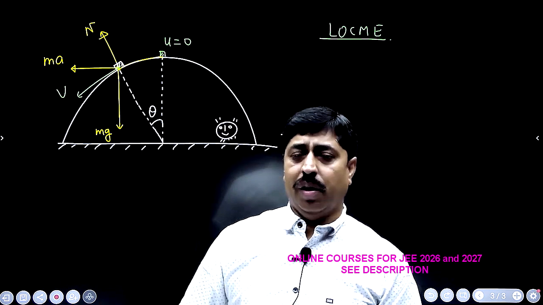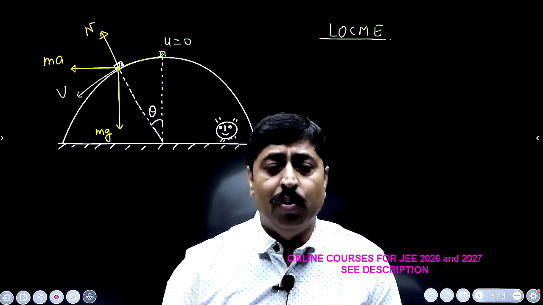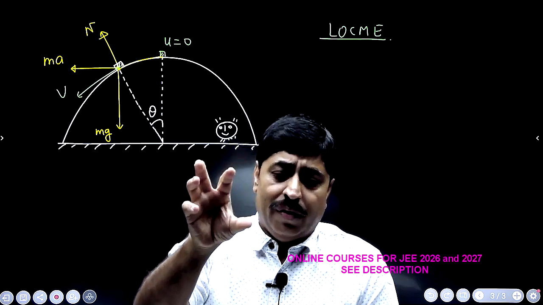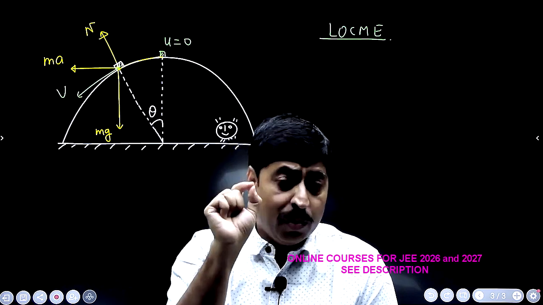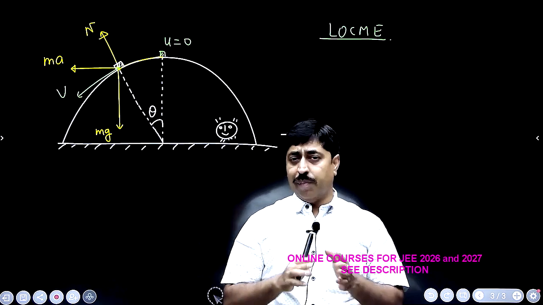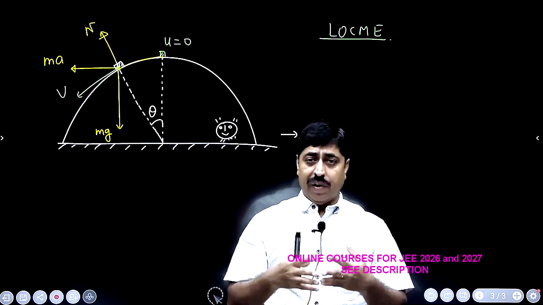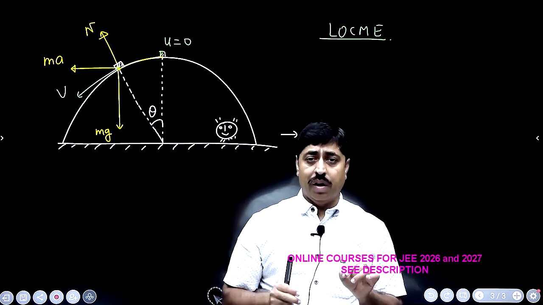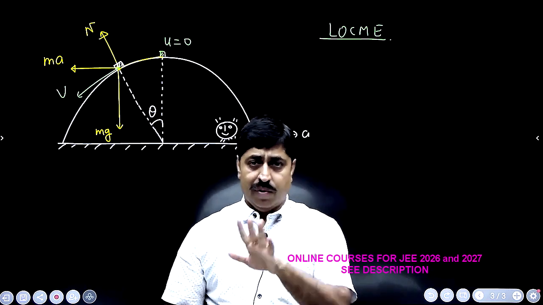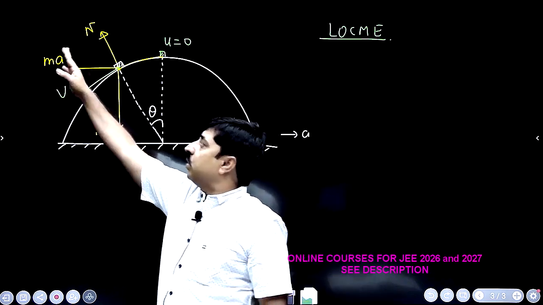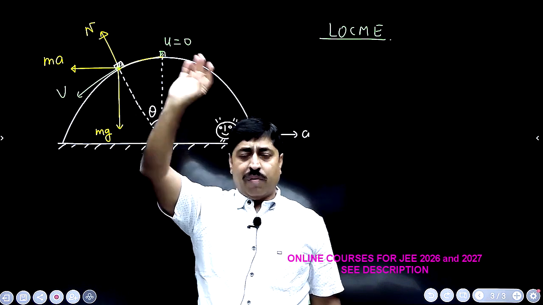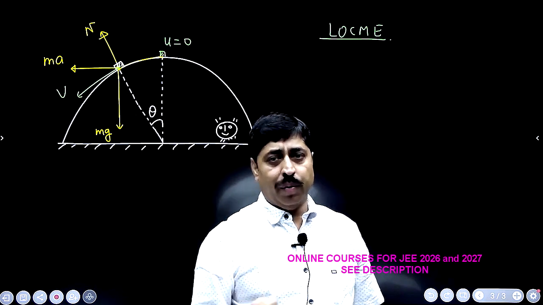This is permissible. This is what you do when all the forces which are performing work, listen to me carefully, are conservative in nature, and moreover you know how to write potential energy for them. For example, if Ma is not there, forget about Ma. Normal reaction does not perform work, so that does not bother you.